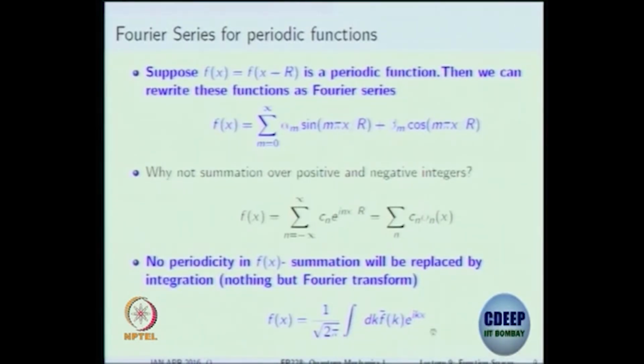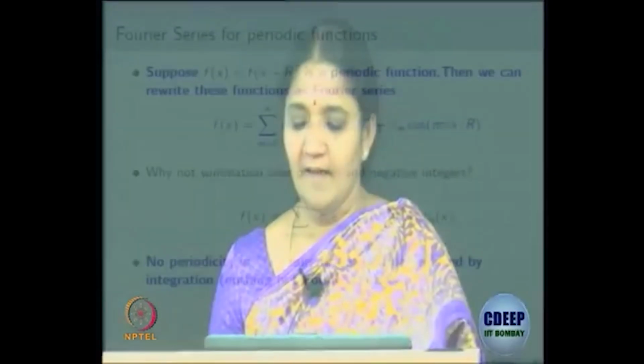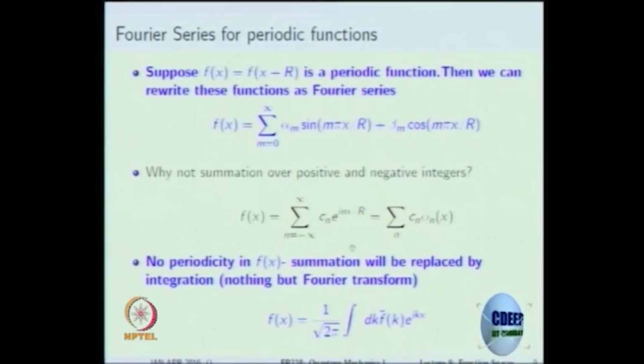Think about it. That's the way to view finite series summation, which is a Fourier series for periodic functions, and for no periodic conditions, you will replace it by a Fourier transform. So if I ask what is f tilde of k, just like here if I ask what is Cn, what will you do? You will integrate f with the star of this.